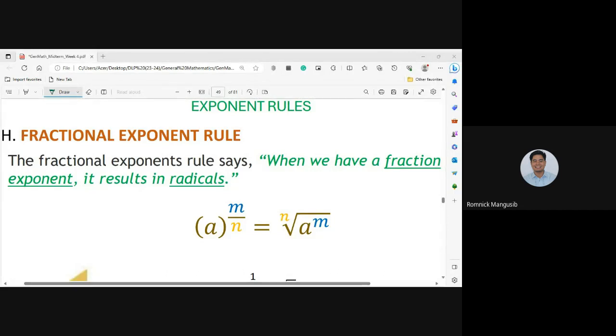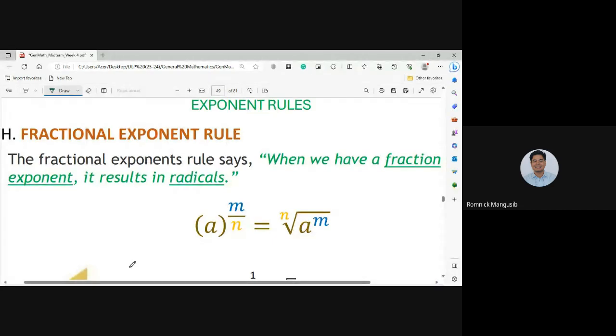They are the least mastered rules. The negative exponent rule turns it into a fraction. But for the fractional exponent rule, the exponent is a fraction, class: m over n. When the exponent is like that, it becomes a radical.